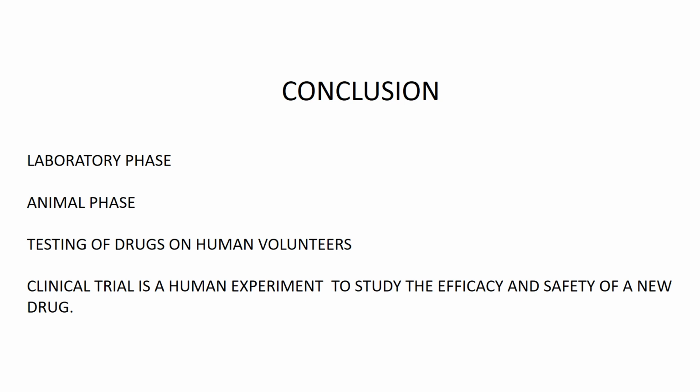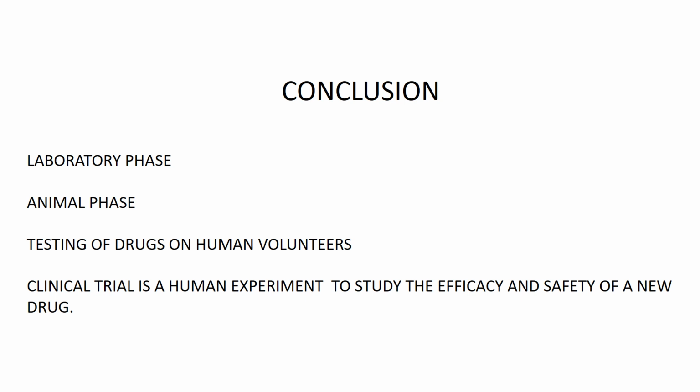If you observe the current slide, the third point, that is testing of drugs on human volunteers, usually lies in the third phase. First you need to do research work in the lab, then you need to do trials using animals under ethical guidelines. You need to take ethical clearance, then only you can perform animal experiments. And then the main trial, that is testing of the drug on human volunteers.